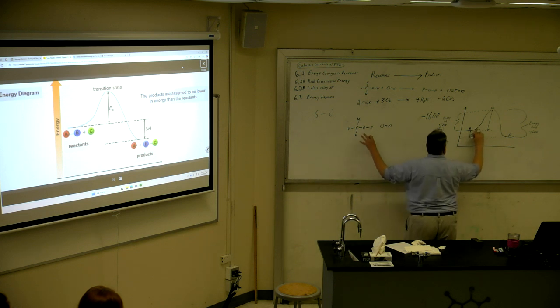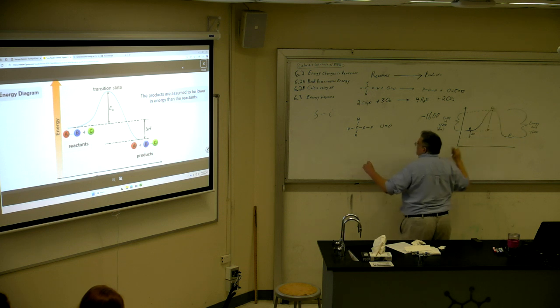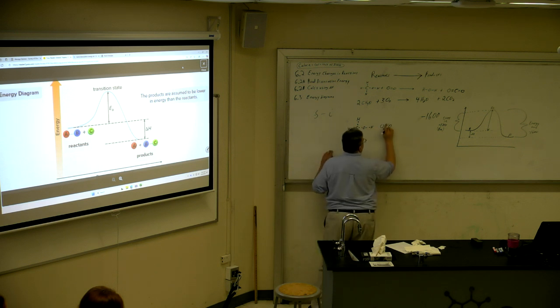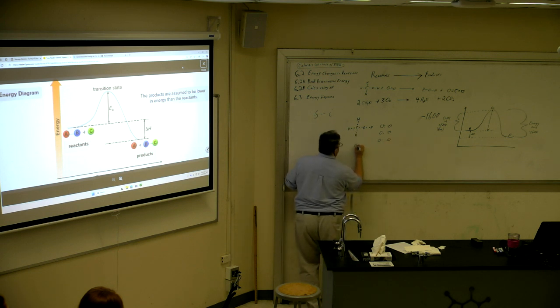If I start breaking bonds, we go up to here, and by the time I get up here, you can pretend, this isn't strictly true, because it also involves proximity of atoms to other atoms. But in some sense, 2 dots here, 2 dots here. Here they are with the bonds broken.